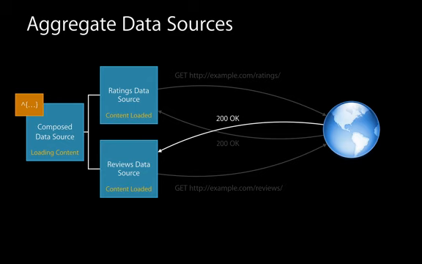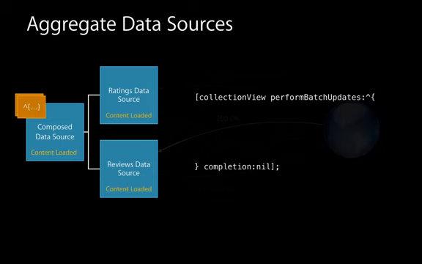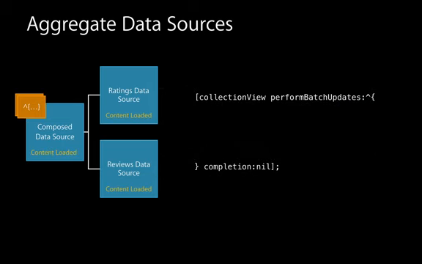It transitions into content loaded, queues up an update block, and then the parent will discover, oh, look, all of my children are loaded. It's okay for me to transition into content loaded. And now I can perform batch updates on the collection view and schedule all of those update blocks safely inside a perform batch updates block.